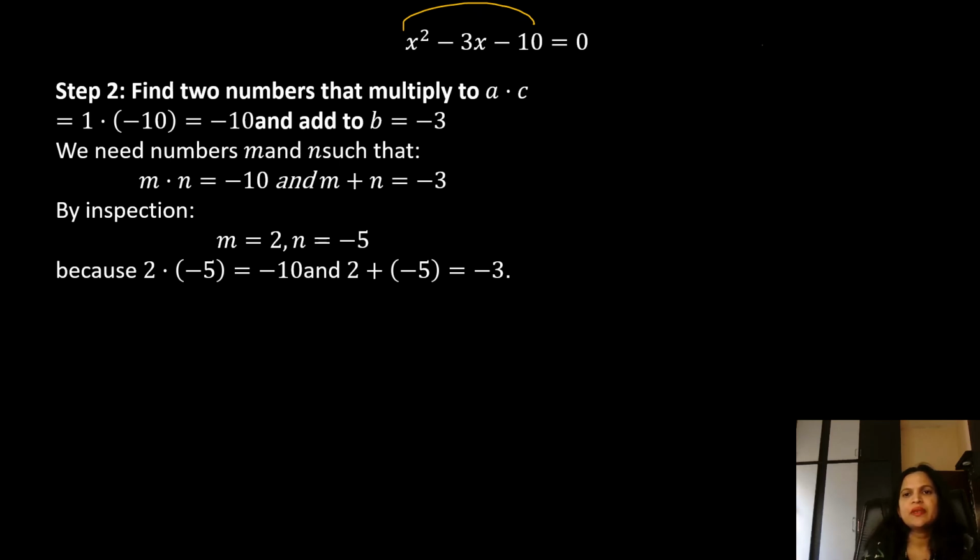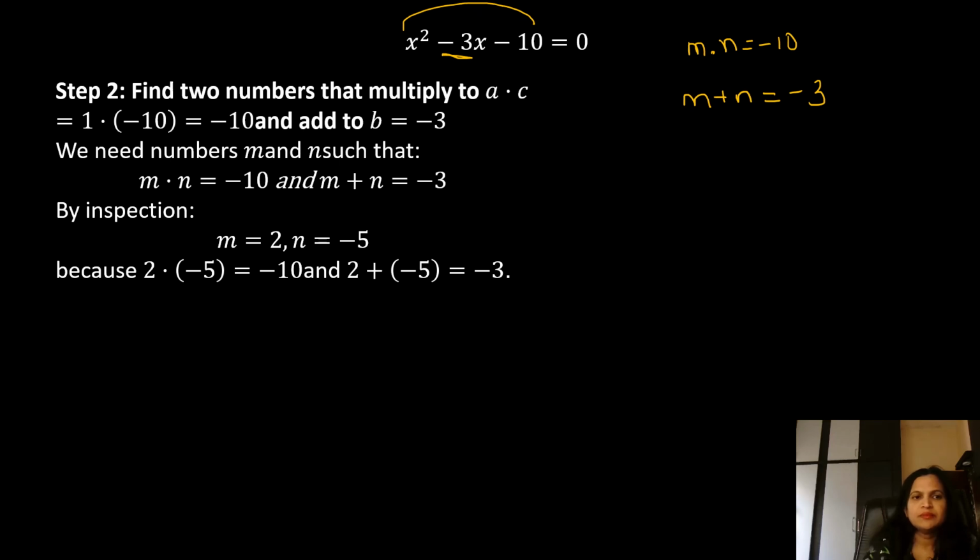That is, m into n equal to minus 10, and if you add, m plus n equal to minus 3. Logically you should think and take the two numbers like this. If you multiply, you should get minus 10. If you add, you should get minus 3.